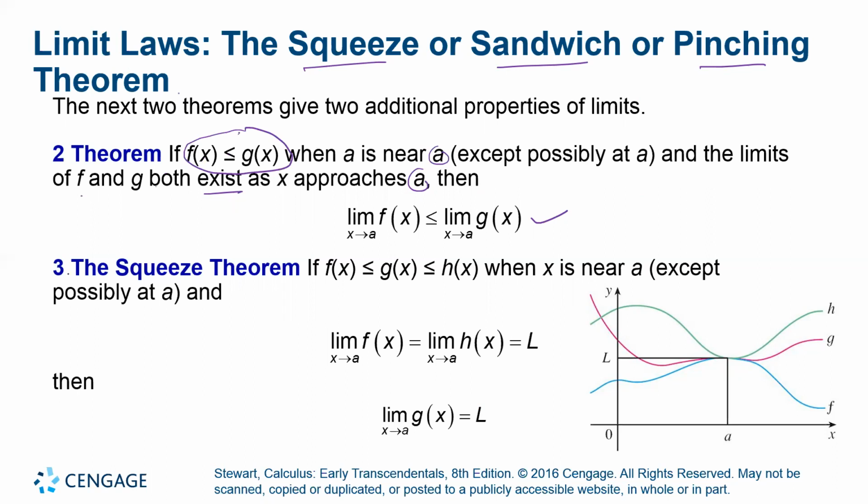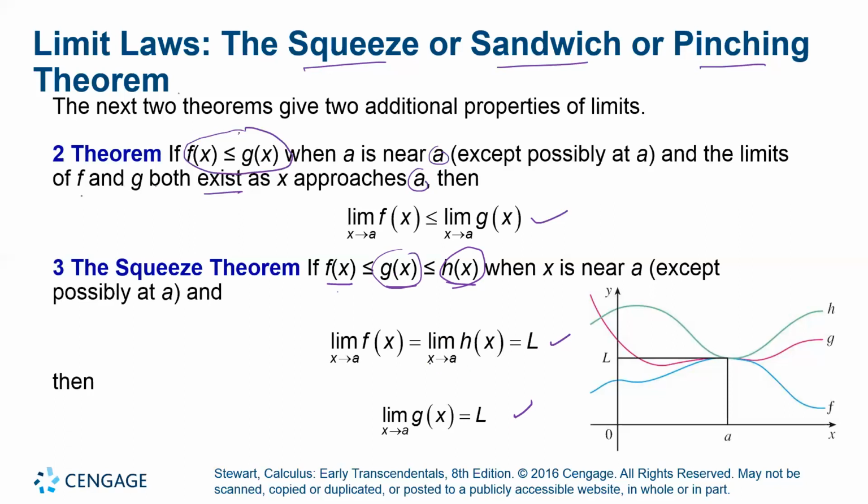Now here comes the squeeze theorem. Here is g of x. It is sandwiched by what? Two functions, or we say that it is bounded by two functions. Now, if the limit of f is L, and the limit of h is also L, you see that they are equal, then it means that the limit of the function g, being bounded by the two on each side, and they have the same limit, will have that limit as well.